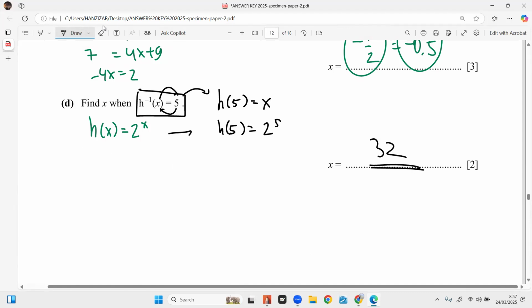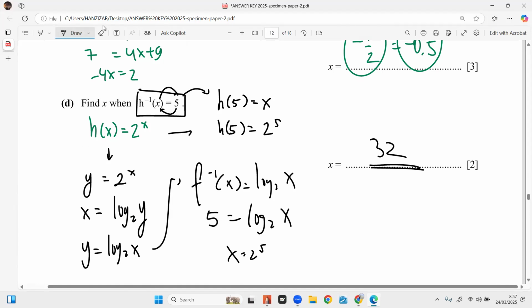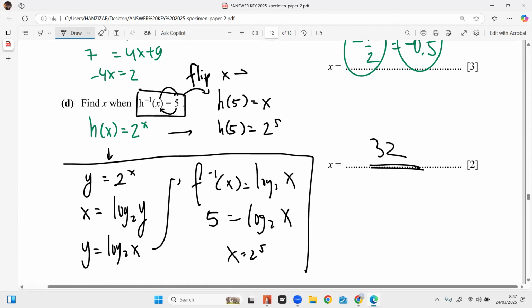Or if you want to keep the working like this, find x. To find x, log 2y. And then y equals log 2x. Inverse is log 2x. 5 equals log 2x, x equals 2 power 5. It's a waste of time. Just flip x to y. Hx, I mean, not f, be careful. I did something wrong here.